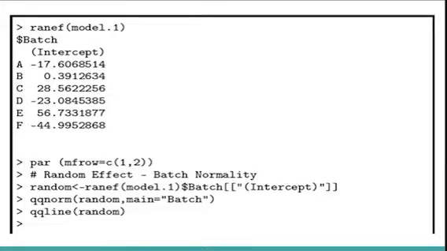The intercept of a particular level of a factor is different from another level of that factor. That was not the assumption in the fixed effect model. In the fixed effect model, you have a constant intercept across the levels of a factor. But in the random effect, the intercept is not the same.